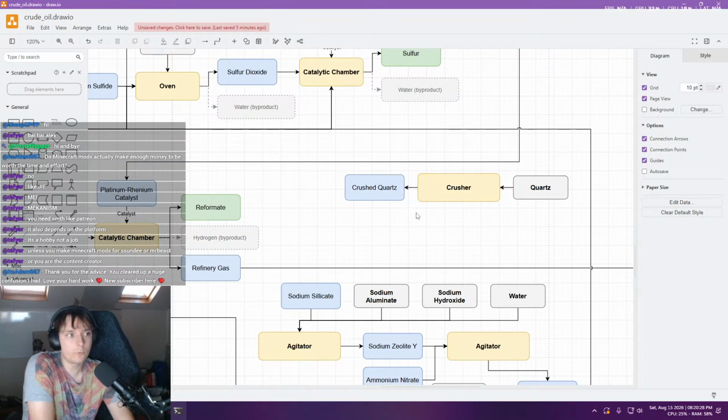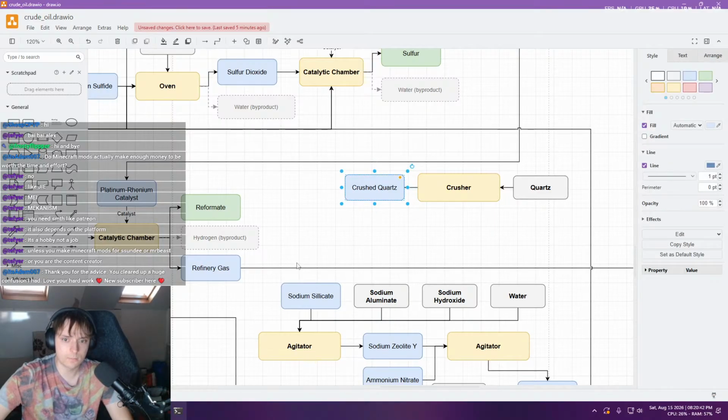And then from crushed quartz, we need to do that plus sodium hydroxide plus water. Sodium hydroxide, we agreed, is an input. So sodium hydroxide plus water.